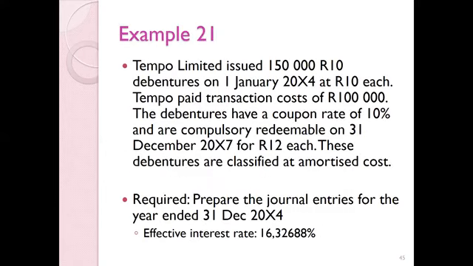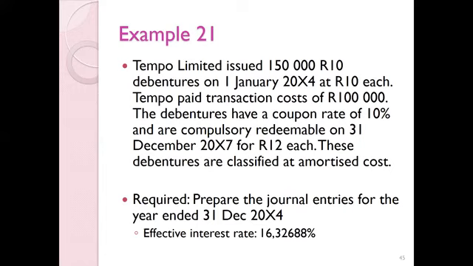We're now going to look at example 21 from our Gripping GAAP textbook. This example says that Tempo Limited issued 150,000 10 Rand debentures on the 1st of January 20x4 at 10 Rand each. Tempo paid transaction costs of 100,000 Rand.